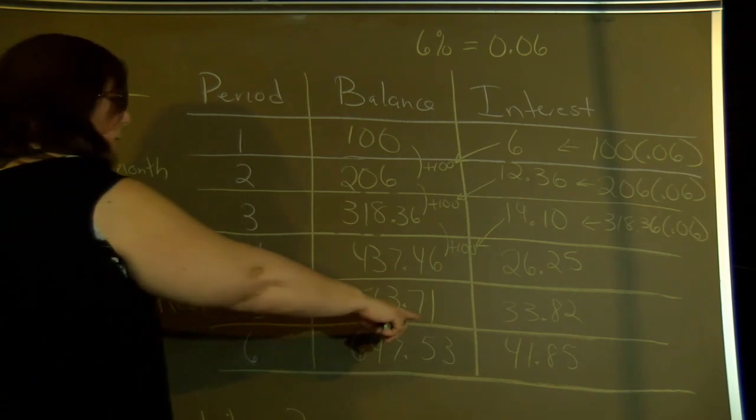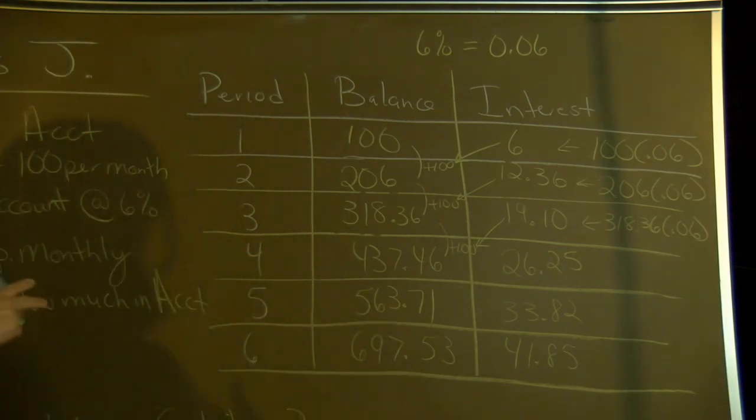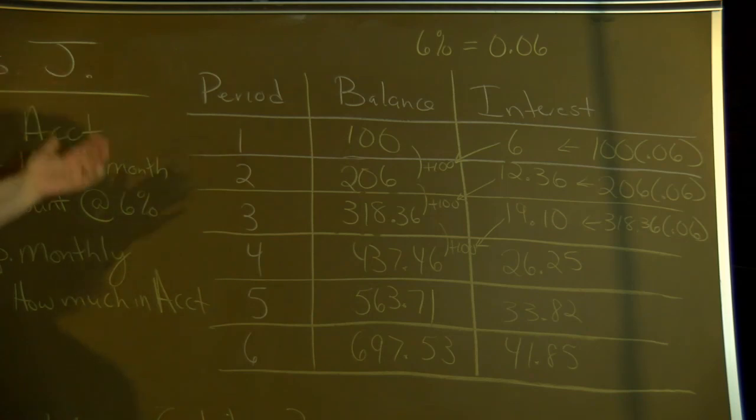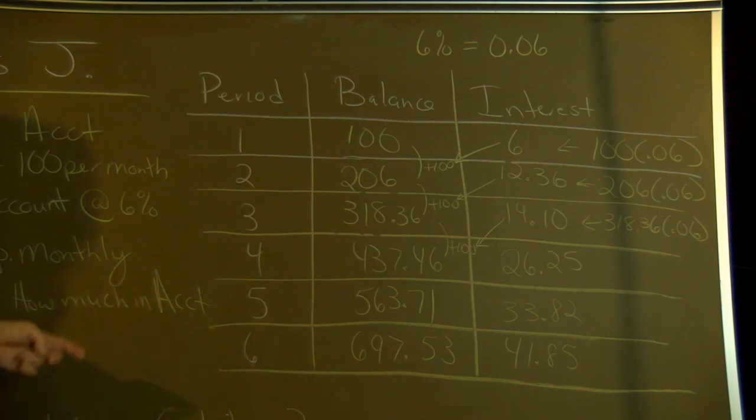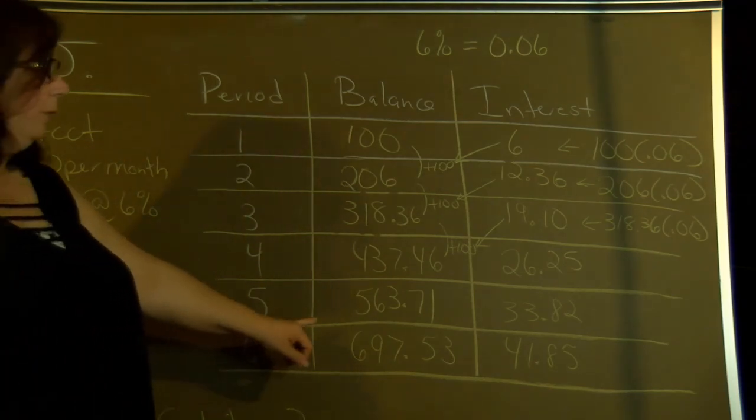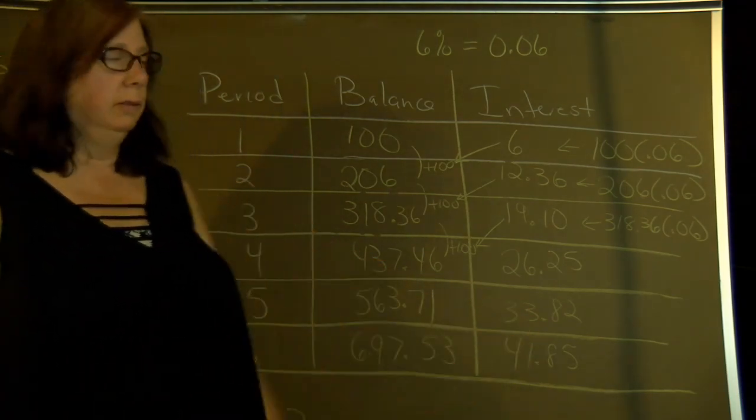Once we get to the 6th month, we want to see how much is in the account, because maybe we want to put a down payment on a car, or there's something we wanted to buy, and we want to see if there's enough money in the account. To find out how much money is in the account, you would take your balance plus your interest.